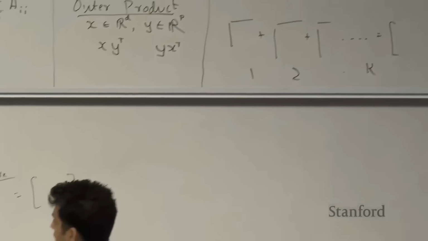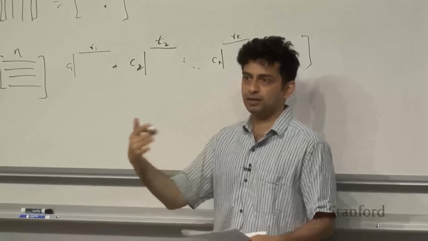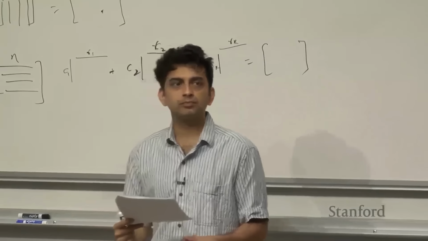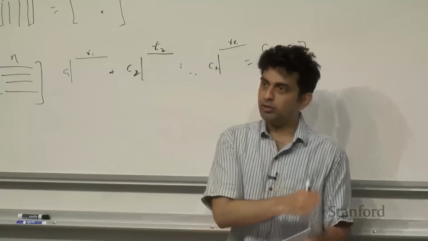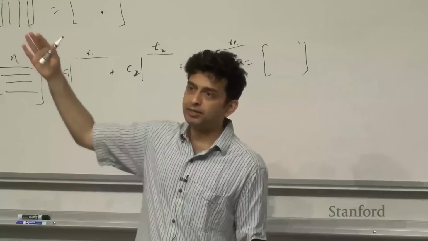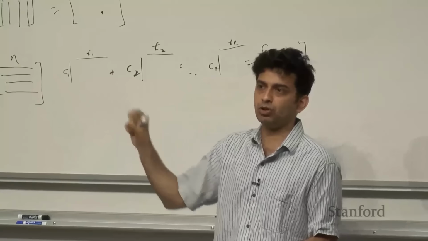If the rows and columns are linearly independent, it will not be rank 1. You're increasing the rank as long as you're taking linearly independent rows and columns. But you cannot keep adding rank 1 matrices and increase your rank forever. You have an upper bound, which is the smaller of the two dimensions of the row or column.